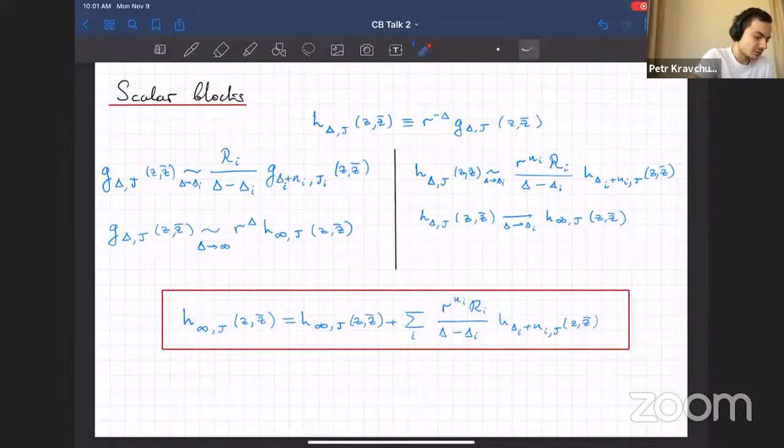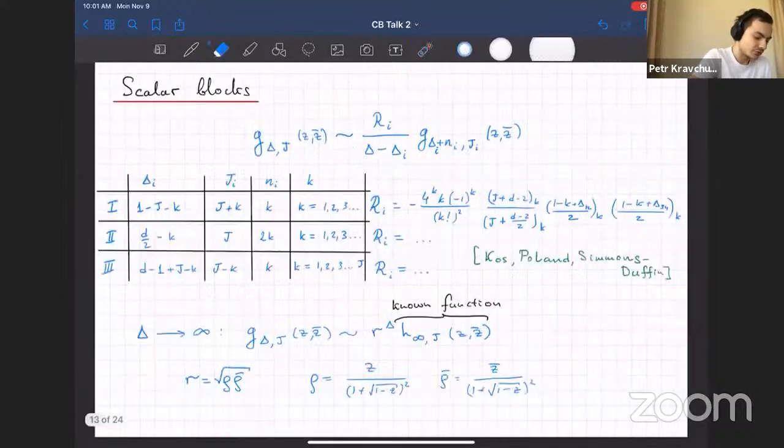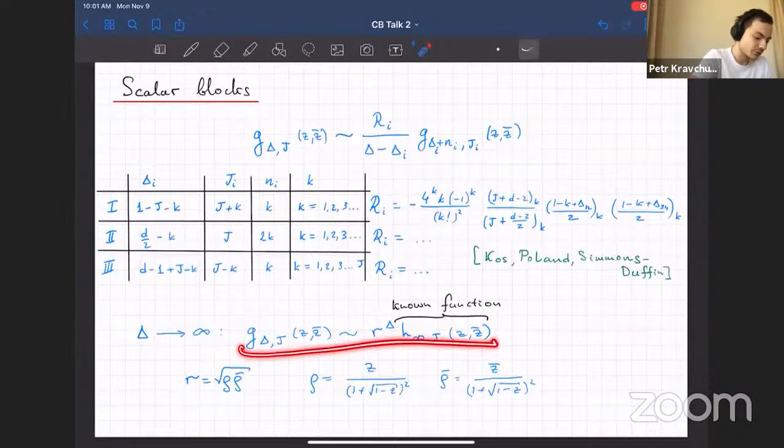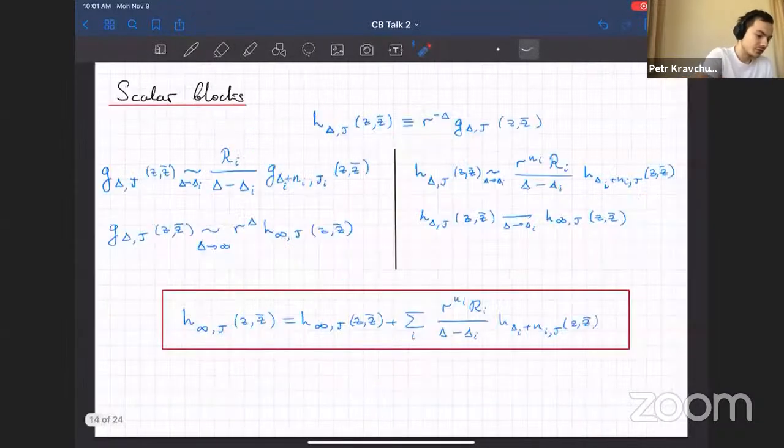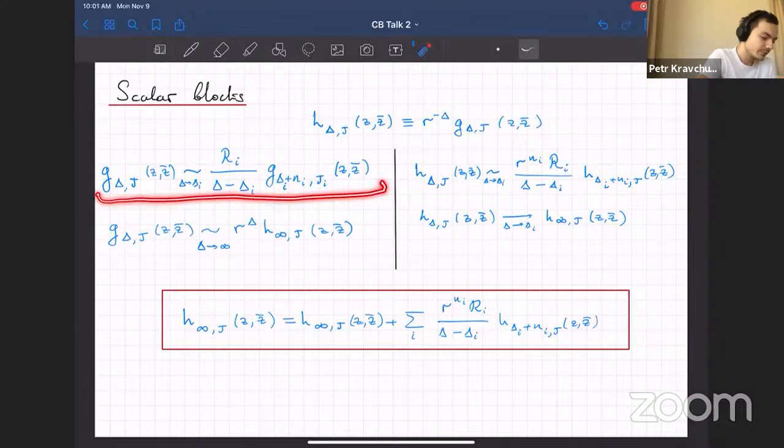And so what you do with the knowledge of this asymptotic behavior of the conformal block is you define a function h delta j, which is just cutting out this r to the delta singularity from the conformal block. So for the conformal block, we knew that the residues had this form.